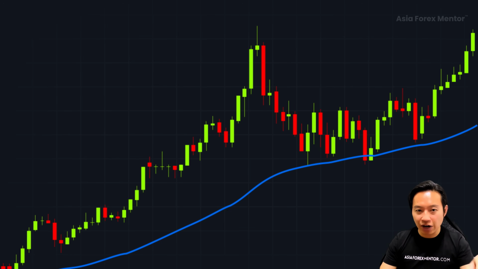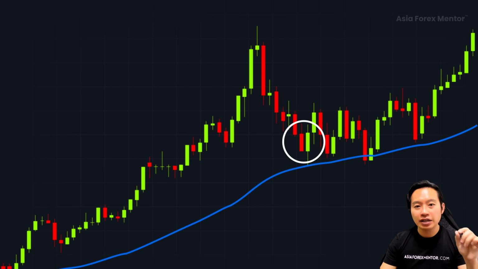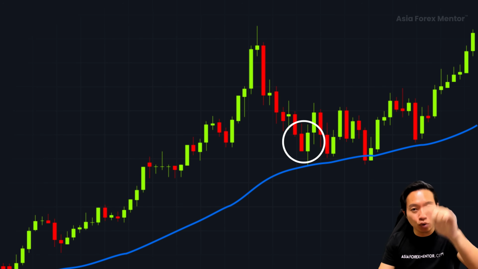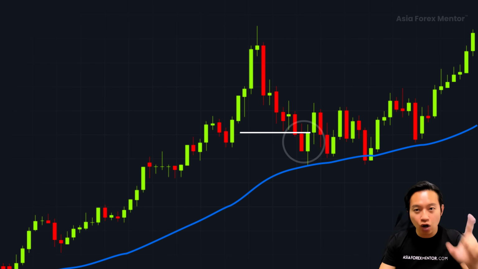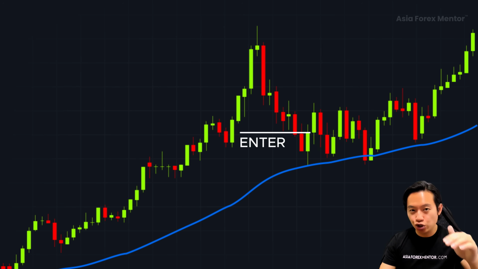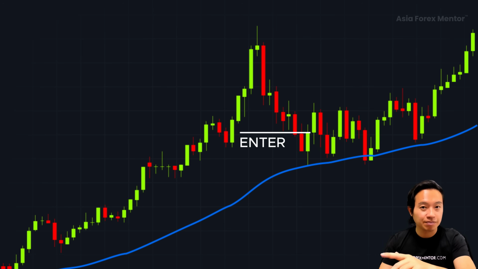In this scenario, the entry point is after observing that price is approaching and bouncing off the 50 EMA, you enter a long position when price shows bullish signals, such as closing near the highs.